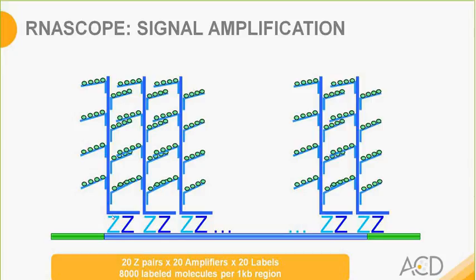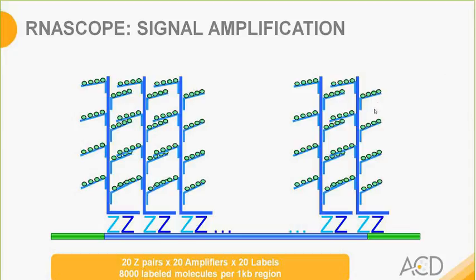In subsequent amplification steps, the hockey stick-shaped amplifier targets, shown here, and circular label probes bind to the preamplifier and amplifier targets respectively, leading to an approximate 400-fold amplification for every Z pair.